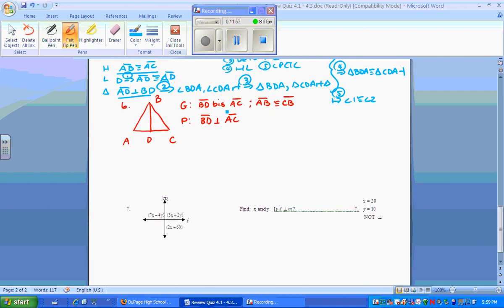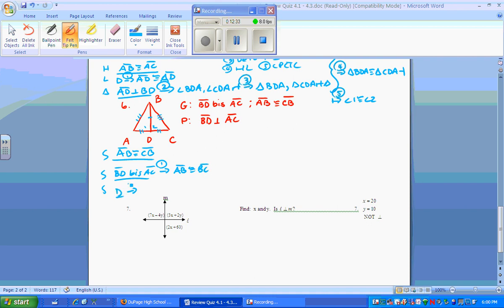Number 6. BD bisects AC, so this line bisects, causing these two to be congruent. AB is congruent to BC. We want these perpendicular down here, so I'm going to give these two numbers. We know that this side is reflexive, so we can prove the two triangles by side, side, side. We were given AB is congruent to BC. We know that BD bisects AC, which gives us AB congruent to BC.